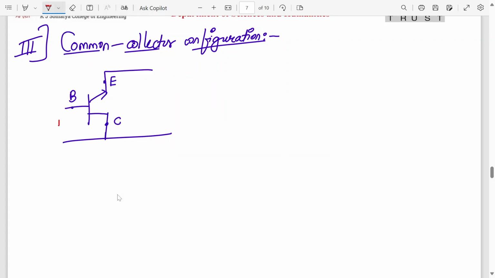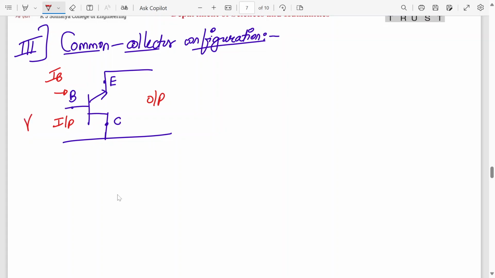This is my input, this is my output. Input current will be IB, input voltage will be VCB, sorry, not VBE. We can write it as VCB.